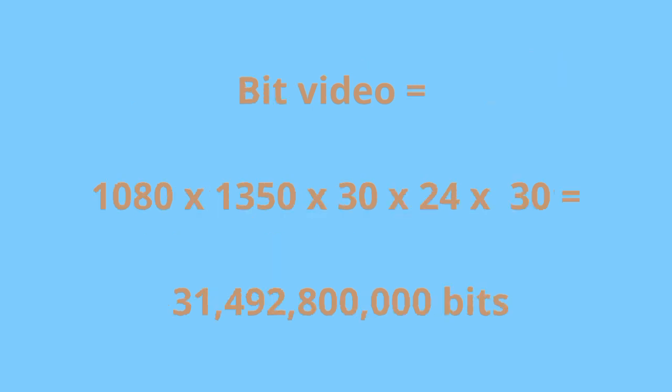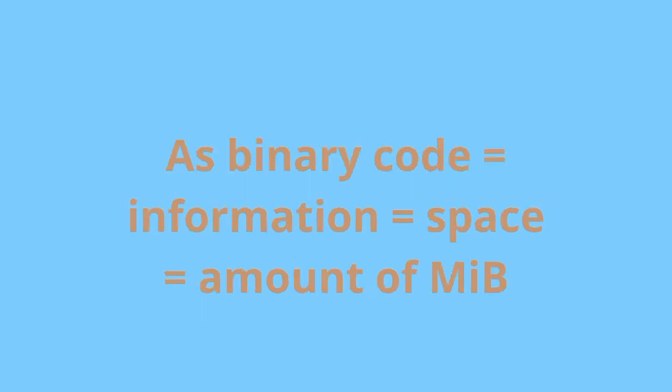The bits of the video is equal to 1008 times 1350 times 30 times 24 times 30, equal to 31,492,800,000 bits.